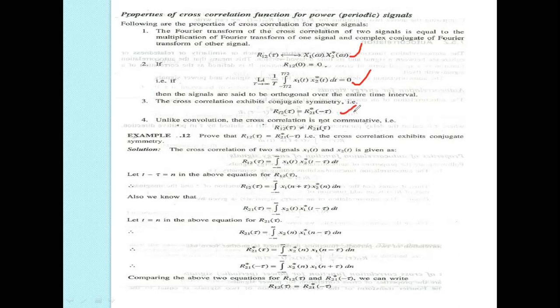I am interchanging these two functions, but here it is not tau, it is minus tau. Unlike the convolution, the cross correlation is not commutative. Only the convolution is commutative, but correlation is not commutative. So R12 of tau is not equal to R21 of tau here. When we take the minus tau, then both are equal.